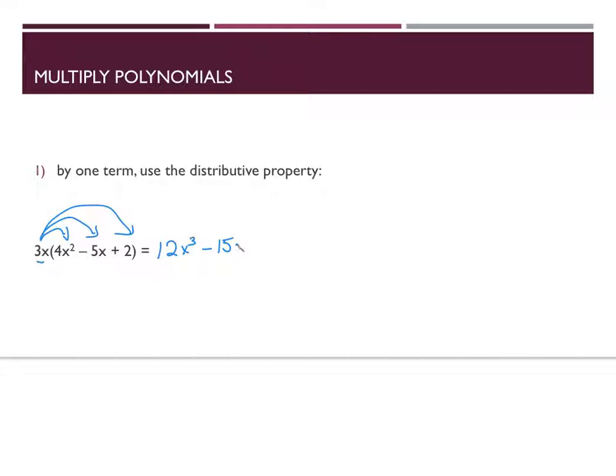X times x is x squared. Positive 3 times positive 2 is positive 6. I don't have any other variables, but I do keep my x. Since everybody's got an x, I stop and take another look. None of my exponents match, so none of my terms are going to combine, and that's my final answer.